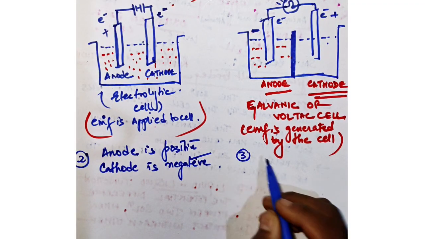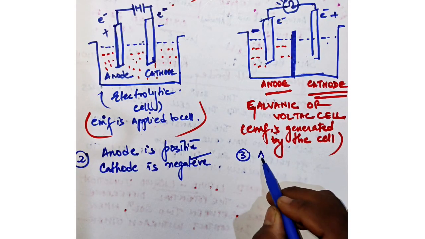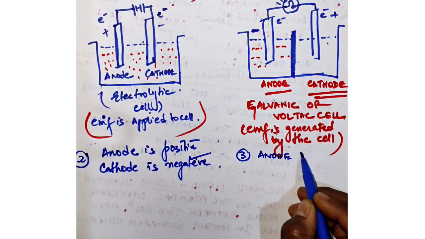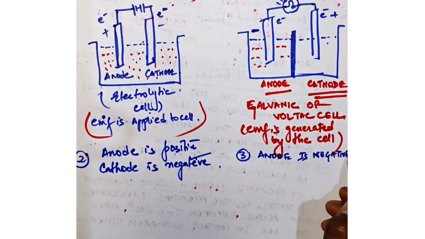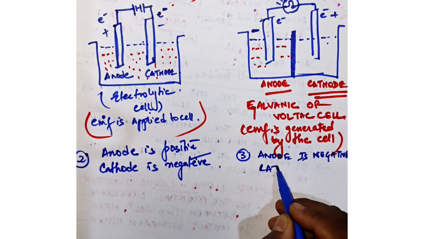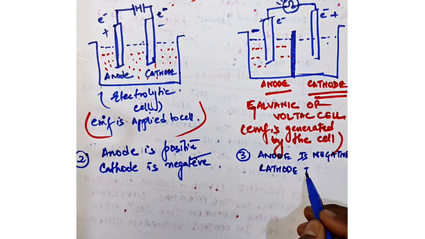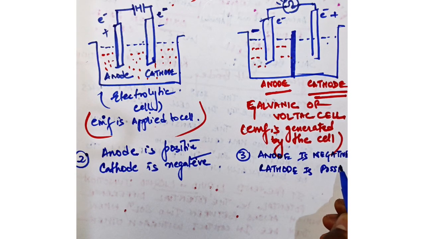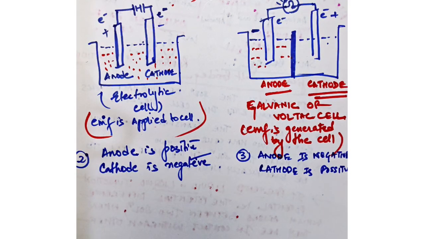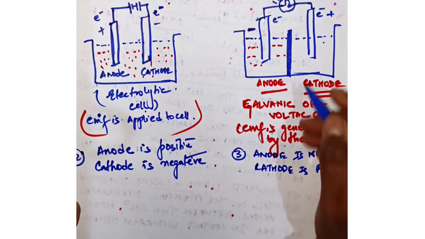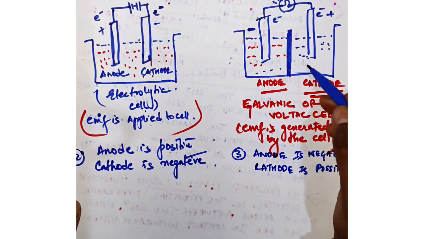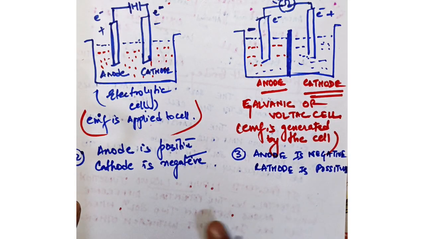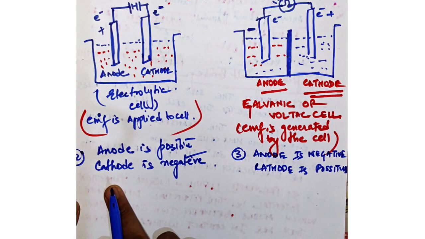Here in the galvanic cell, the anode is negative and the cathode is positive. Remember this, it is very important. Even I got confused when I was first learning this topic.